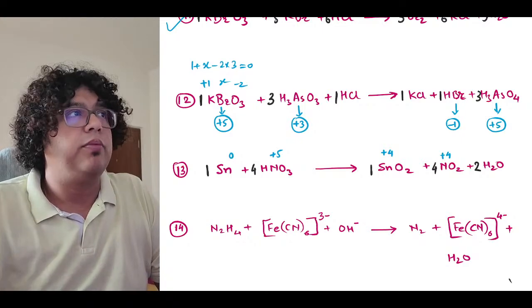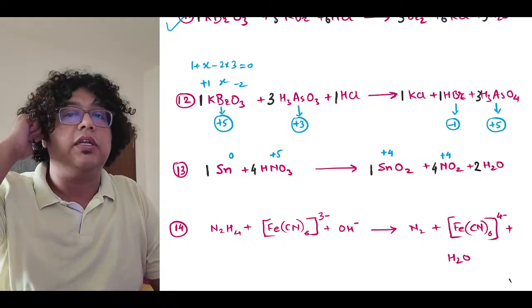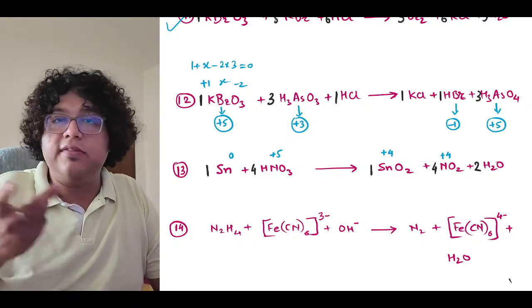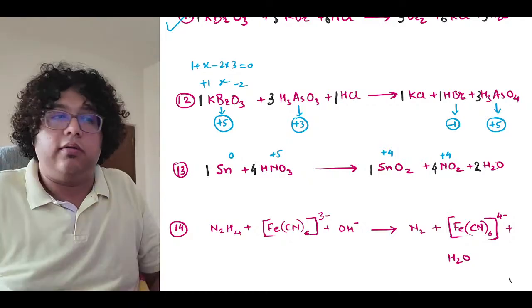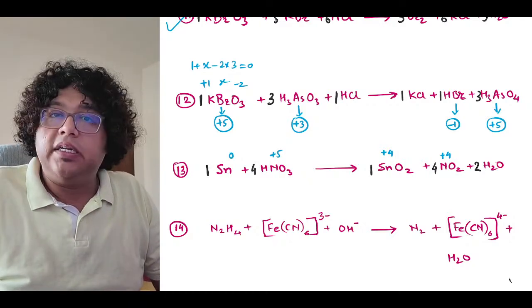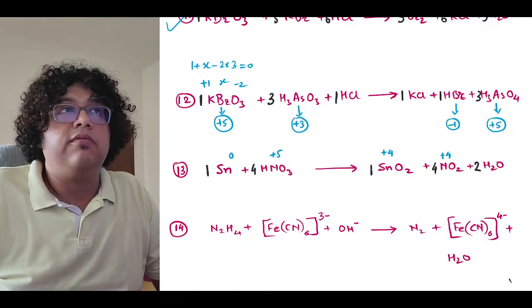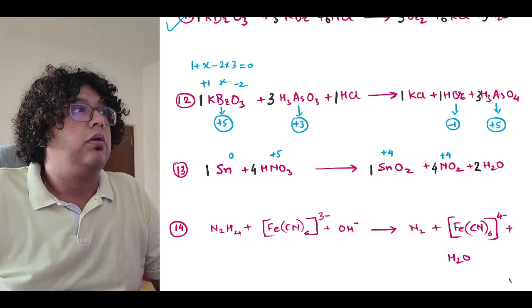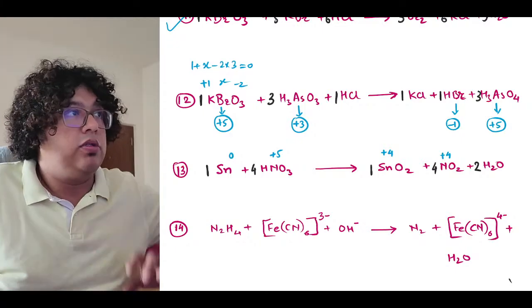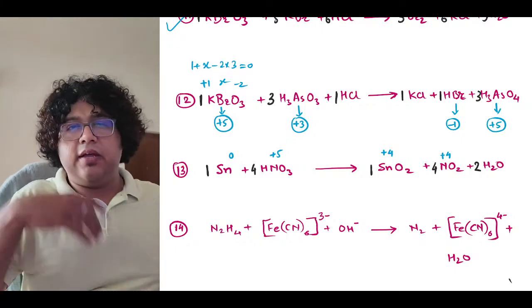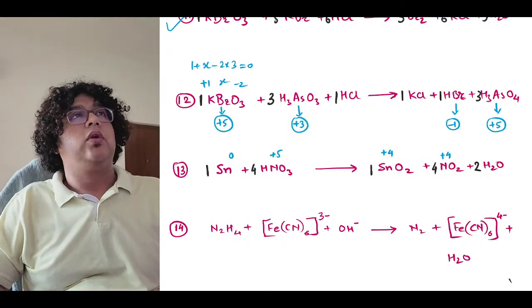That silver bromide was used in the photographic plates. Nowadays we have digital cameras. Everything happens on our system itself. But initially we used to have silver bromide. It was briefly mentioned in your books. Okay, no worries. I will tell you what exactly happens.